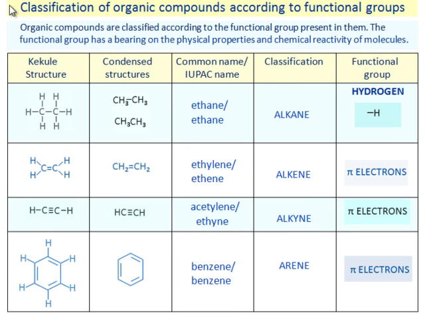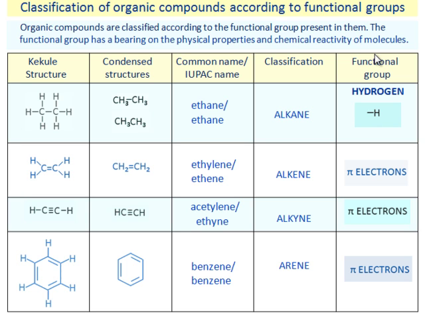Classification of organic compounds according to functional groups. Organic compounds are classified according to the functional group present in them. The functional group has a bearing on the physical properties and chemical reactivity of molecules.